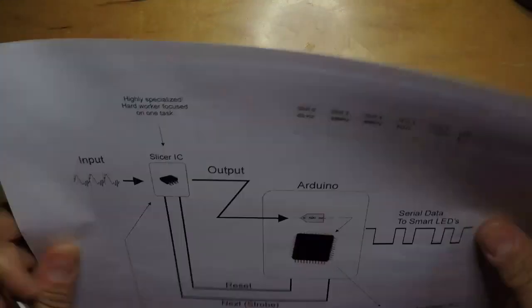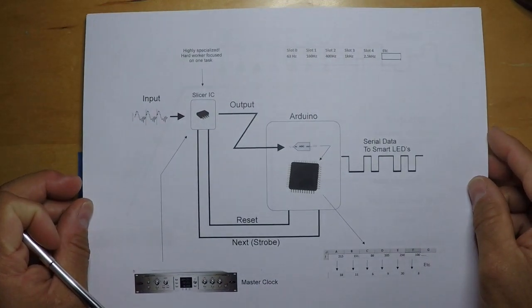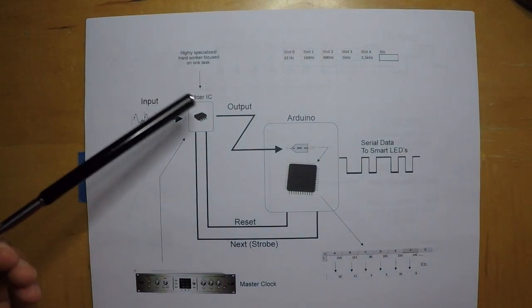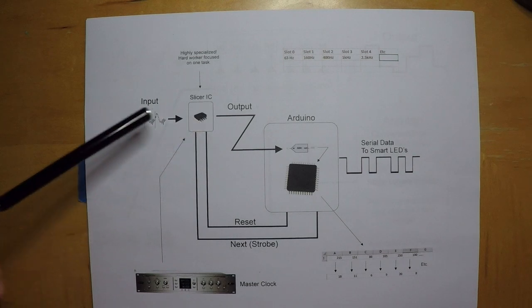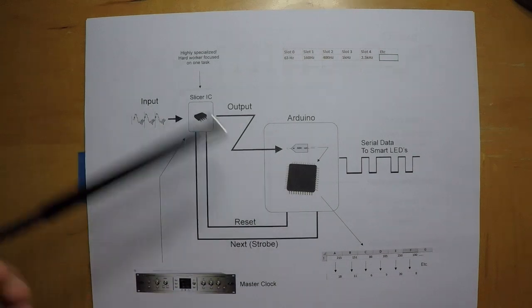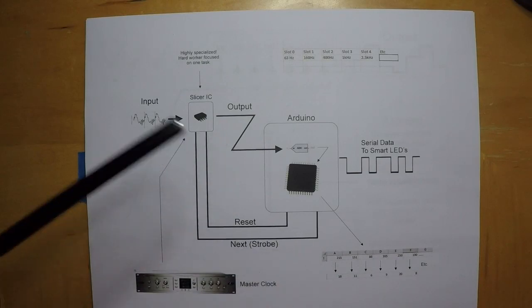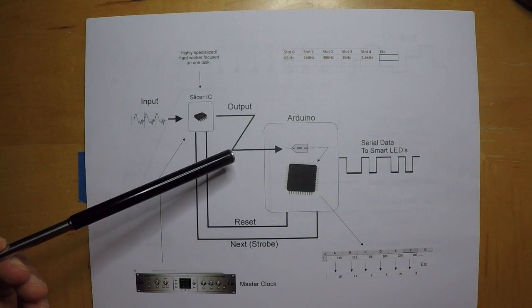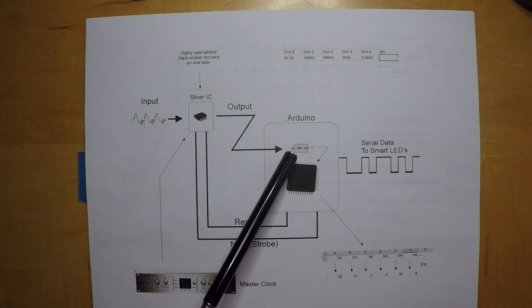So let's go back to this page. So now, this slicer IC is sending output to the Arduino, and the Arduino is setting the pace for the slicer IC. The output of the slicer IC is going into an ADC, an analog to digital converter.